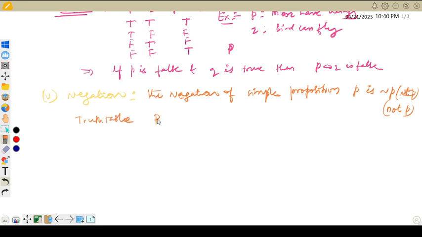The truth table is P, negation of P. If P is true, negation of P is false. If P is false, negation of P is true.